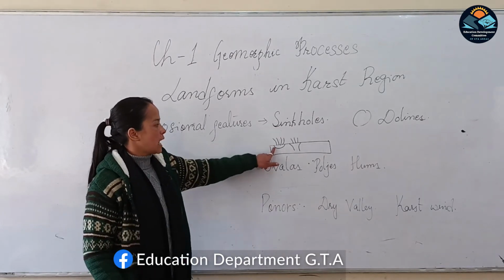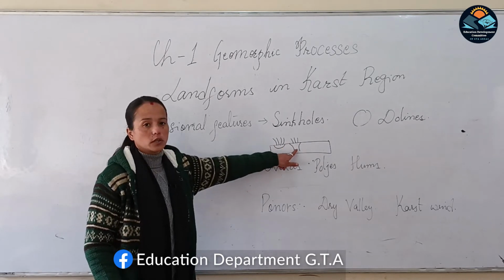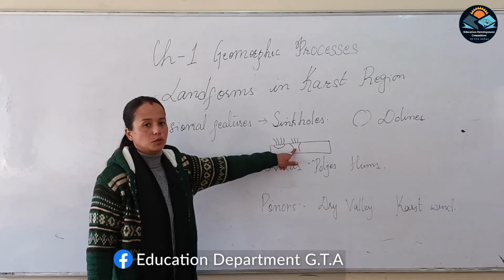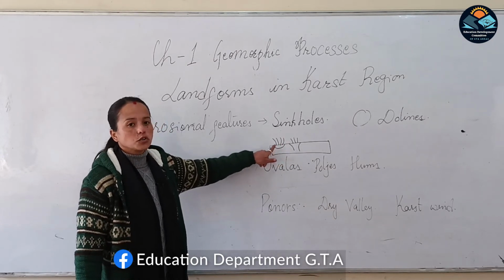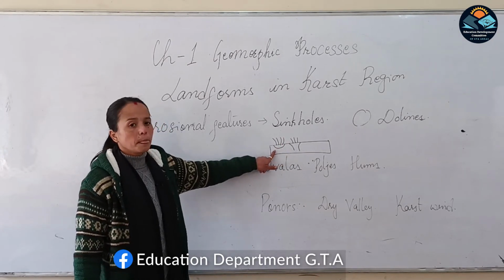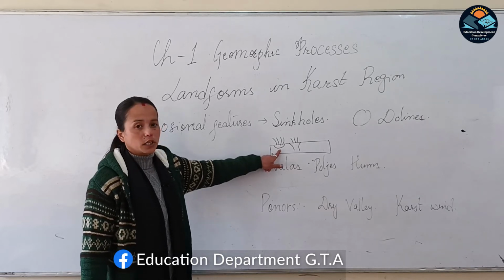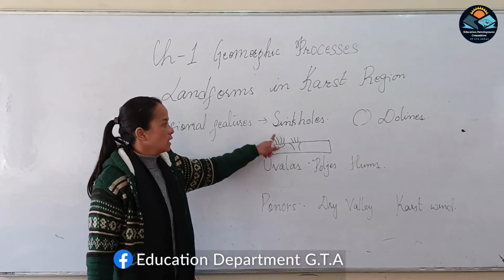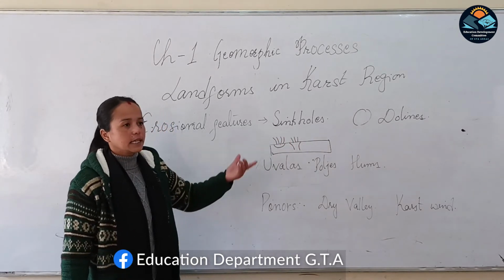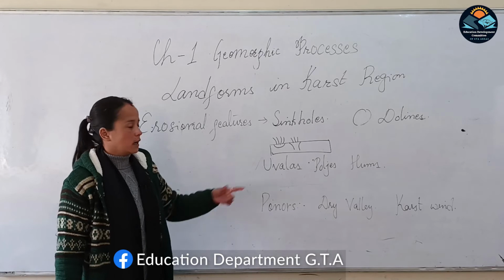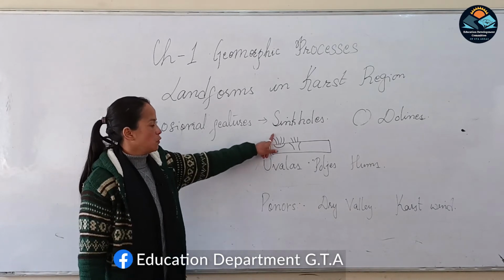This is also formed by the solvent action of the rainwater in combination with carbon dioxide. It seems that the hole is swallowing the rainwater which is flowing through the limestone region.